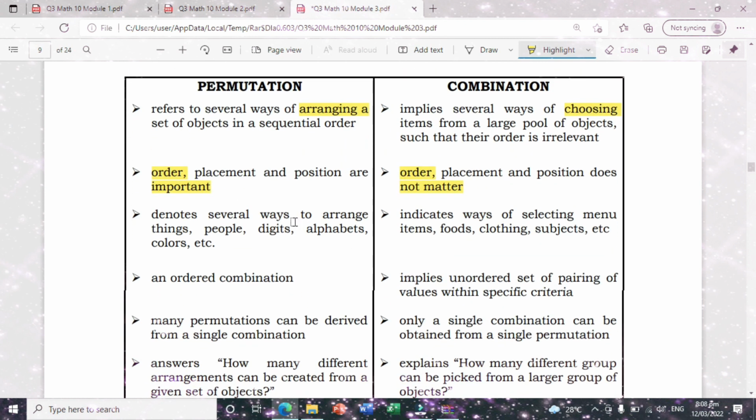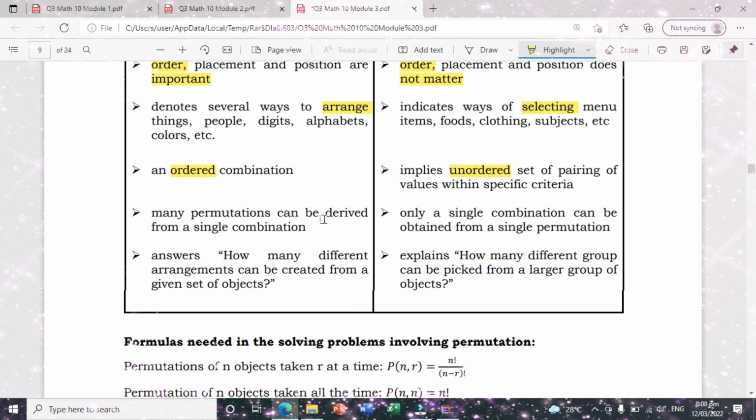Next. So, denotes several ways to arrange. Yan, arrange. Dito naman indicates ways of selecting. Yan, pumipili lang tayo. So, combination yan. So, ordered combination, so there's a word ordered. While combination, unordered. Many permutations can be derived from a single combination, while only a single combination can be obtained from a single permutation.